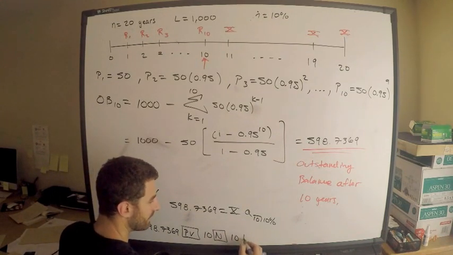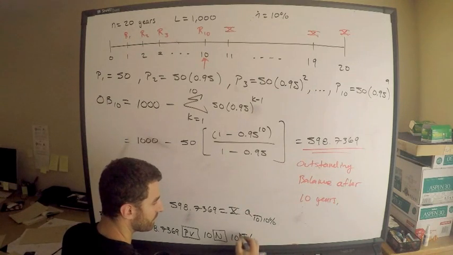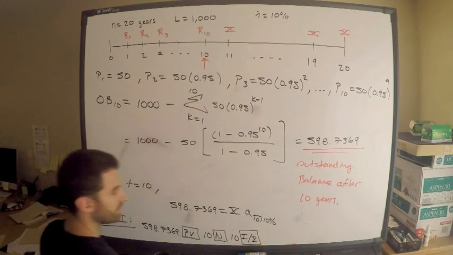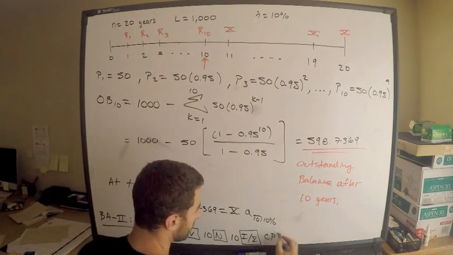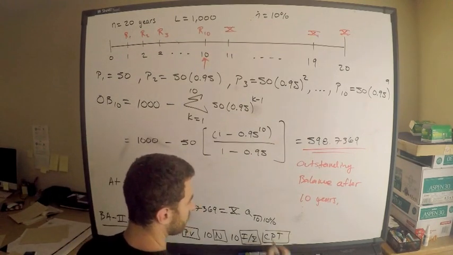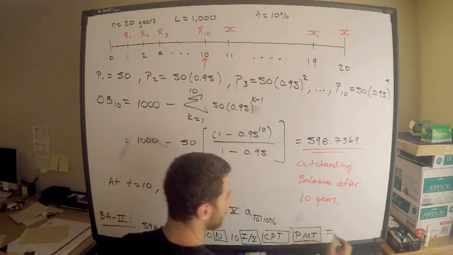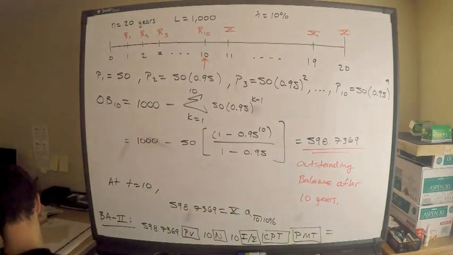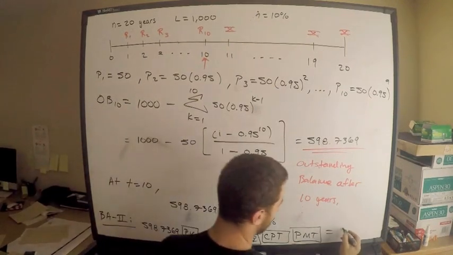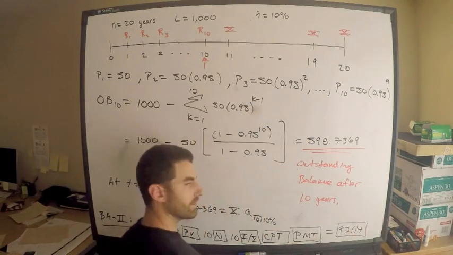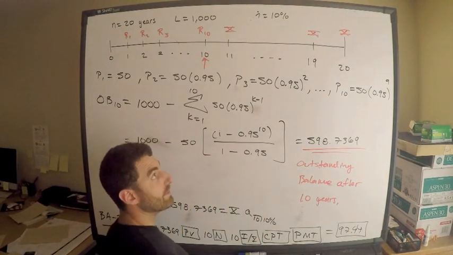Then I'll do 10 is the interest rate per year. And I want to compute the payment. Compute the payment. And what you should get is 97.44. All right, so there's your answer.